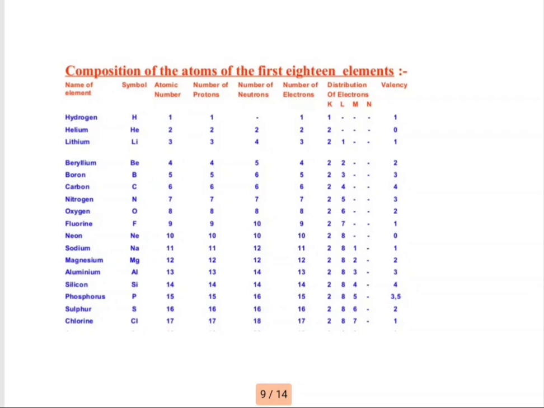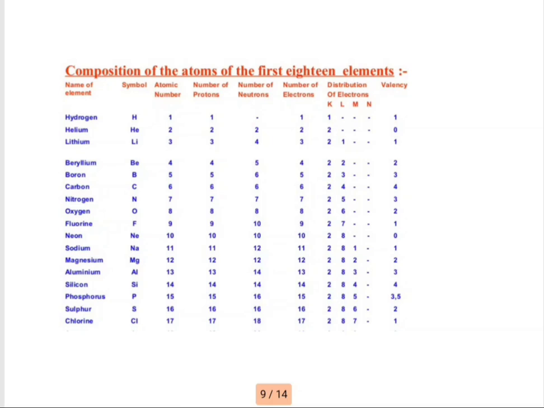Okay, some important terms we can use, and this is all in your textbook table. You can remember hydrogen to chlorine. Okay, this is a short key we can use: hydrogen, helium, lithium, beryllium, boron, carbon, nitrogen, oxygen, fluorine, neon, sodium, magnesium, aluminum, silicon, phosphorus, sulfur, and chlorine.